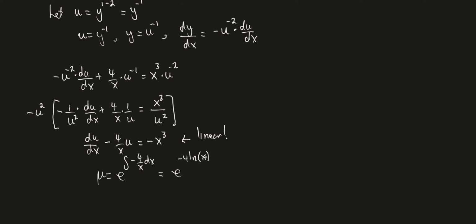So no absolute values there. Bring up my -4 coefficient. So I have e to the ln of x to the -4. Then the e and the ln are inverse functions, and we're left with x to the -4 or 1 over x to the 4th. So that's our integrating factor.